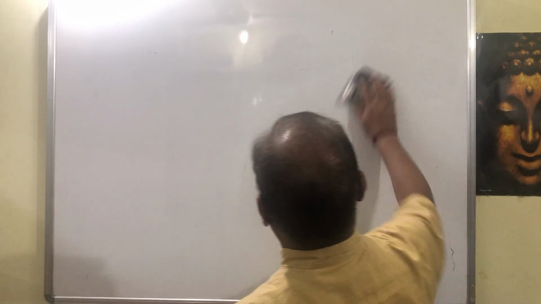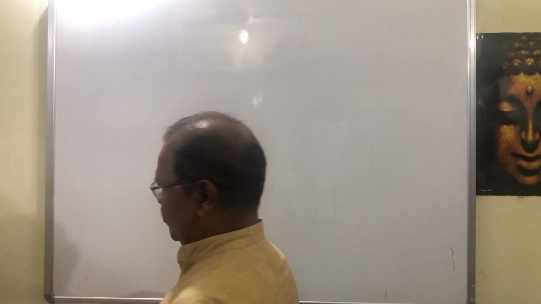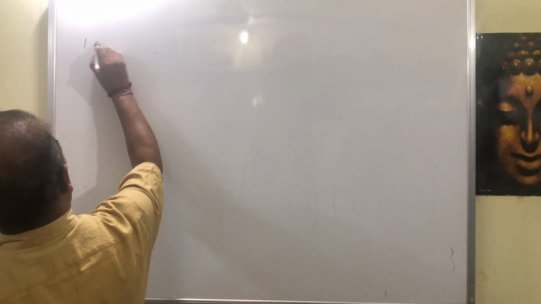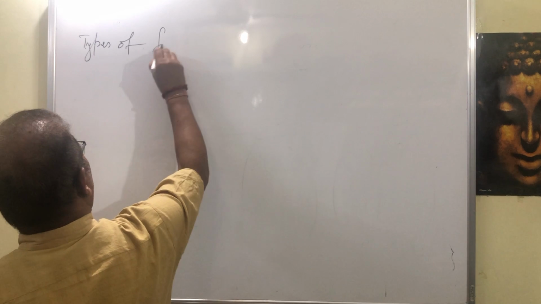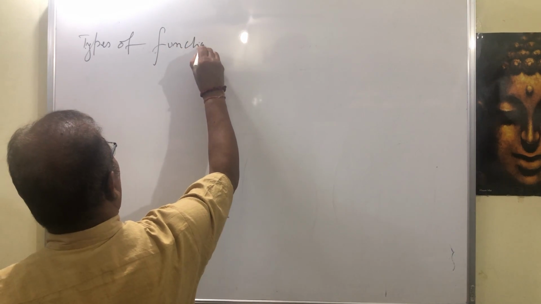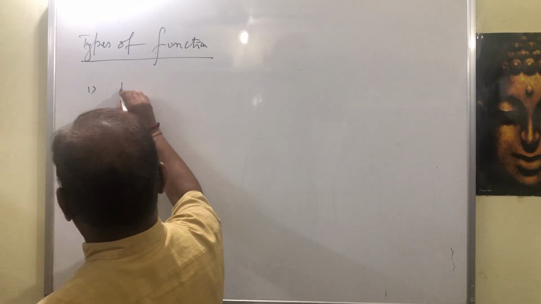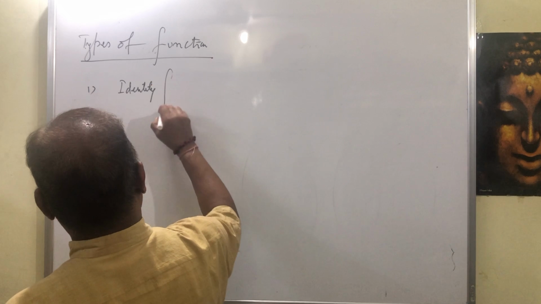I'll first write all the types, and later we shall see one by one. So the first type is identity function.